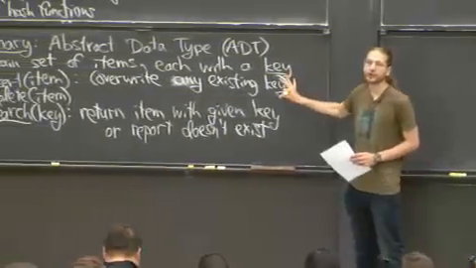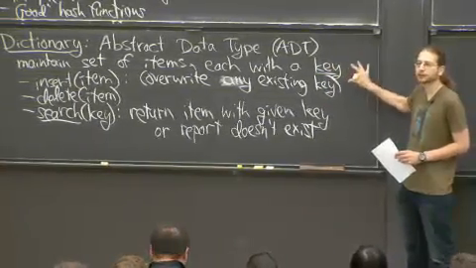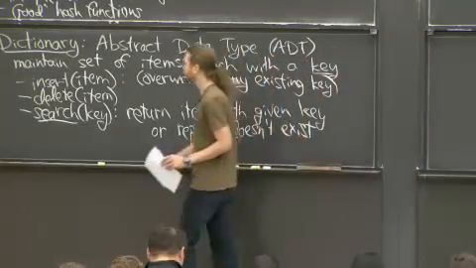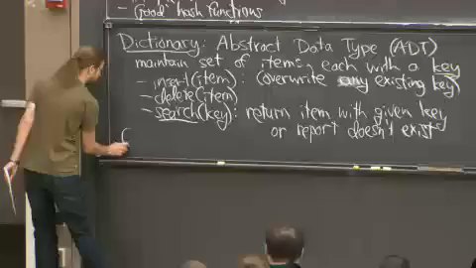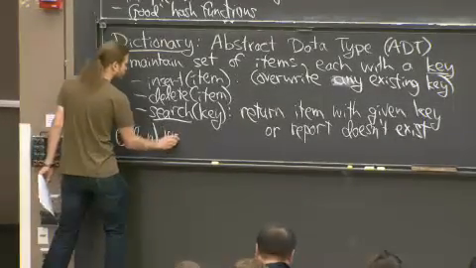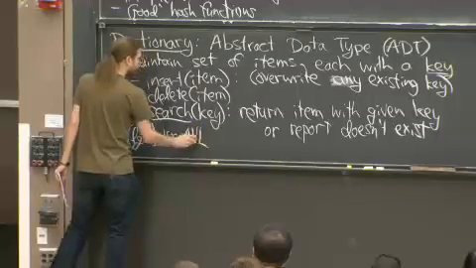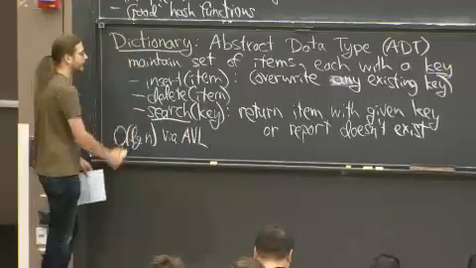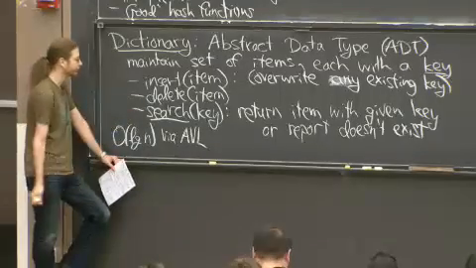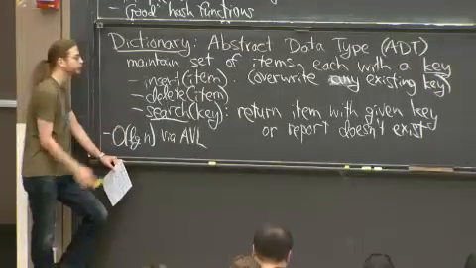OK, so one way to solve dictionaries is to use a balanced binary search tree like AVL trees. And so you can do all of these operations in log n time. You can ignore the fact that AVL trees give you more information when you do a search. It still does exact search. So that's one solution.